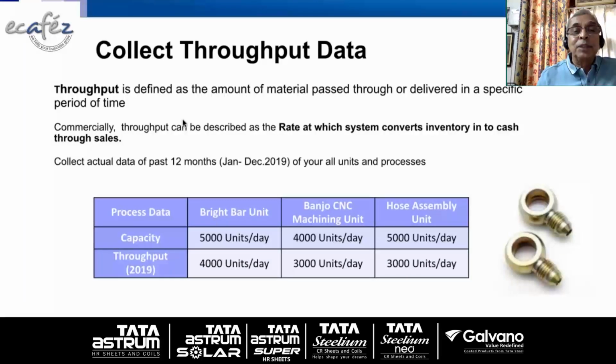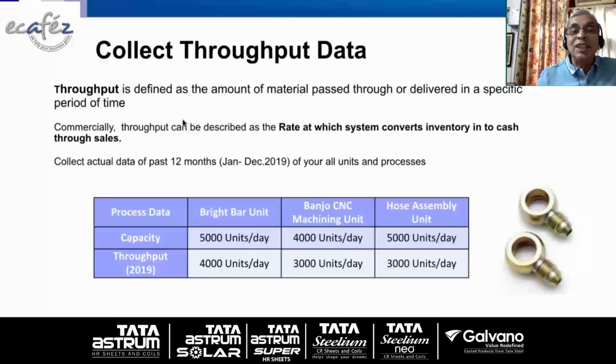So the bright bar unit can produce up to 5,000, but it has produced only 4,000 units. Banjo machining unit capacity was 4,000, but it could produce only 3,000 units. Hose assembly unit, 5,000 units, but it could produce only 3,000 units.